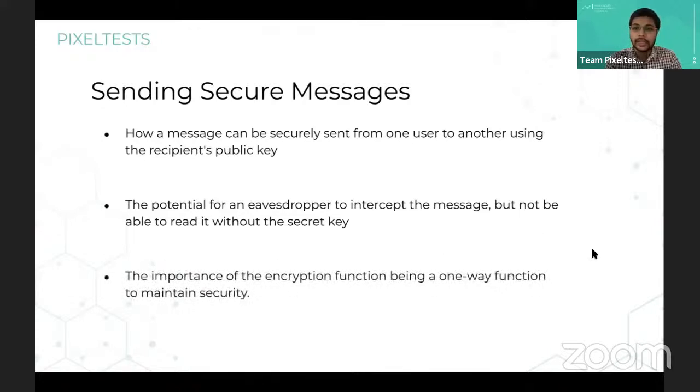We also understood the importance of the encryption function being a one-way function, right? In our previous session, the revision hackathon 2, we also understood how to maintain security. This is only a one-way function. People cannot decrypt it, right?